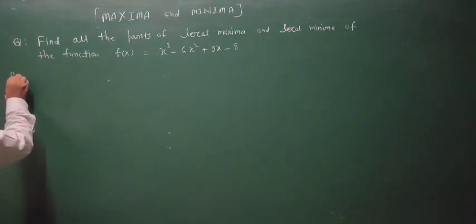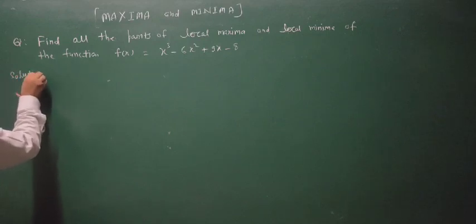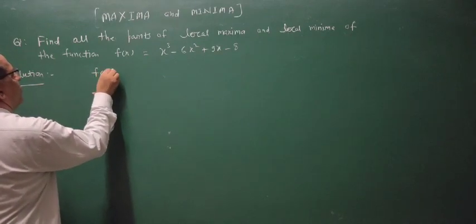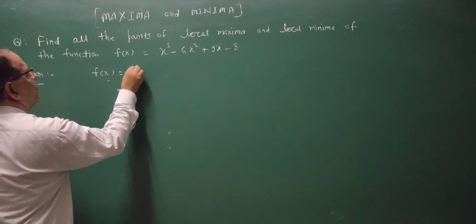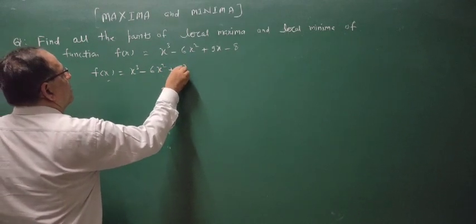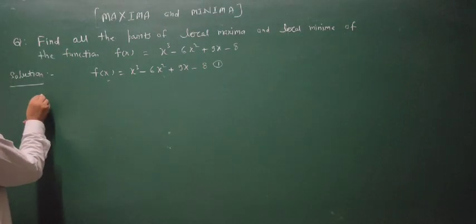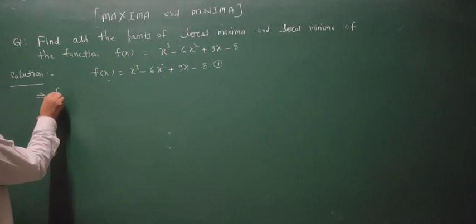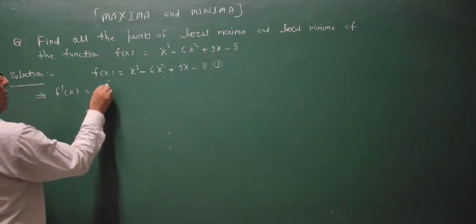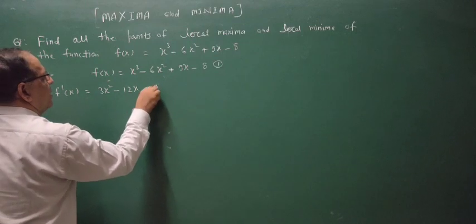So first we find the derivative of f x. Here f x equal to x cube minus 6x square plus 9x minus 8. Then f dash x equal to 3x square minus 12x plus 9.